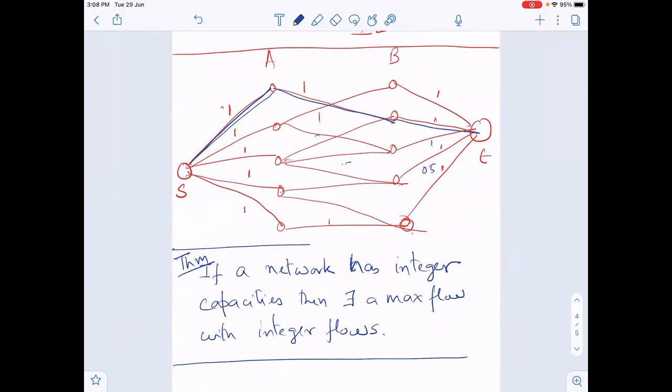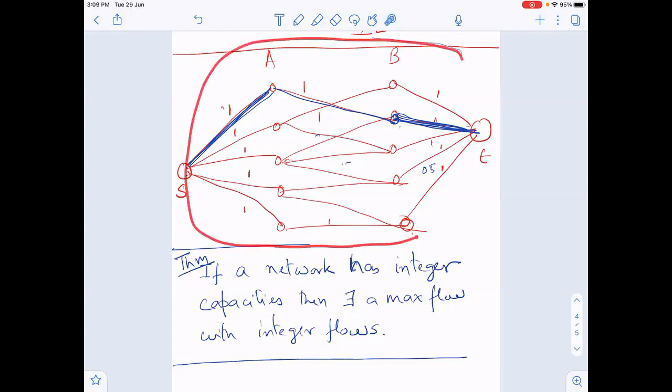Very good. Because the capacity of this one is 1, and the capacity of this one is 1, there will be only one unit that can go from here to here. And therefore, if this graph has a flow of size t, then you can find a matching of size t.